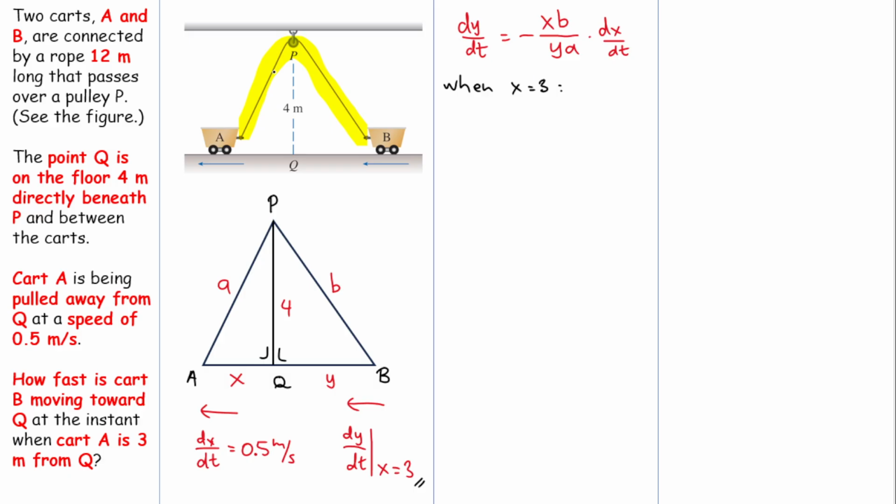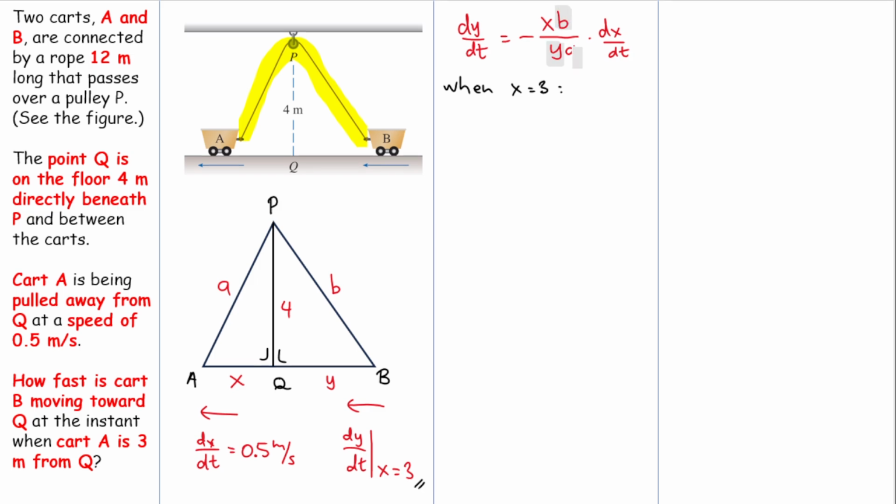Okay, we need to find out what x is. We already know it. That is 3, given by the problem. But we also need to find out y, b, and a, right? So let's see what we can get when x is equal to 3. I think we can get a here, because a squared is equal to x squared plus 4 squared.